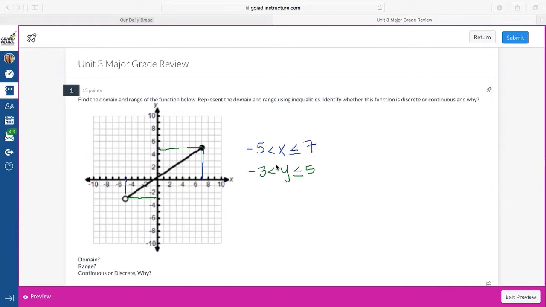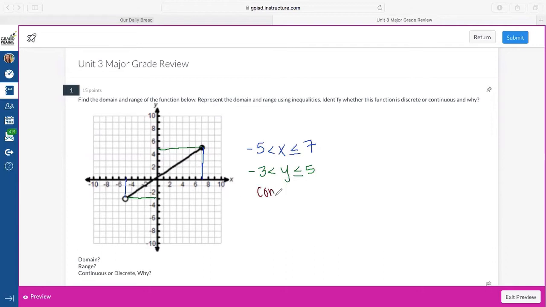It is continuous. So these are inequalities telling me it's continuous between these two values. If it was discrete, there would be individual points, it would be a scatter plot, and I wouldn't use inequalities. I would list out every point. So this is continuous.